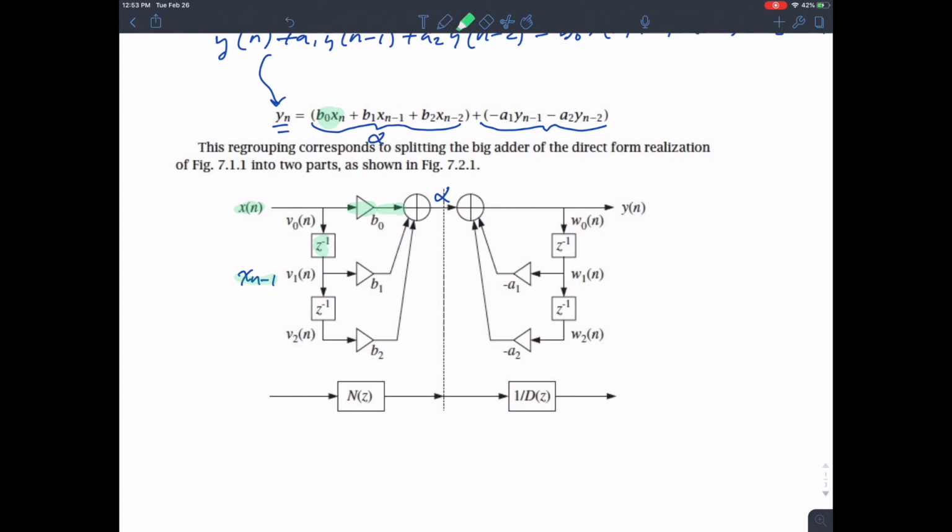So you would have x of n minus 1 times b1 coming into this summer. That's this term. Then we have a delay, so this is x of n minus 2, and x of n minus 2 times this gain constant coming into this summer, that's the third term.